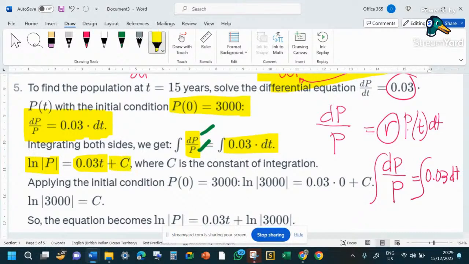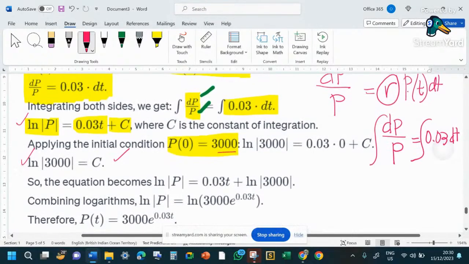Now, we need to find c. When t is equal to 0, P is equal to 3,000. We dealt with that earlier on. So, ln of P, if P is 3,000, ln 3,000 is equal to c.